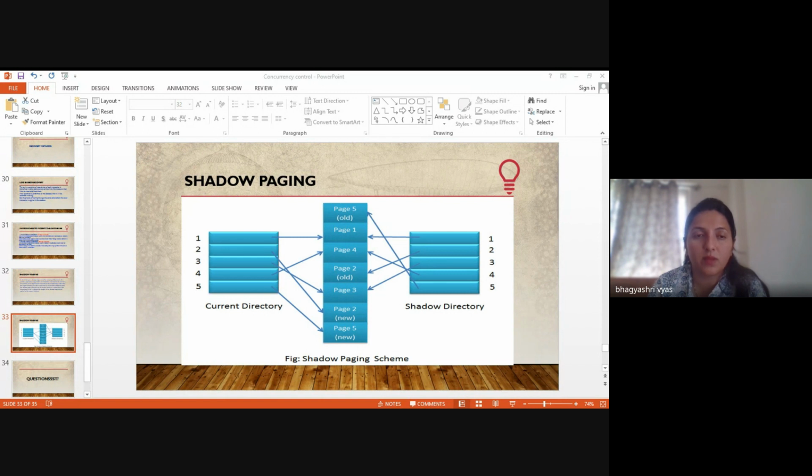In the exam, for concurrency they can ask you about conflict serializability and view serializability, or they can ask you about the schemes for concurrency control. Another question is they can ask you about the protocols used in concurrency control. So we have covered all the three protocols, right?